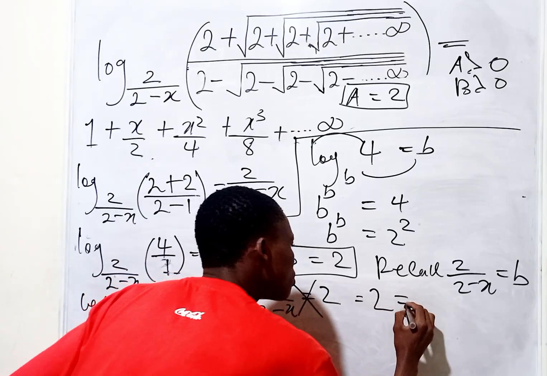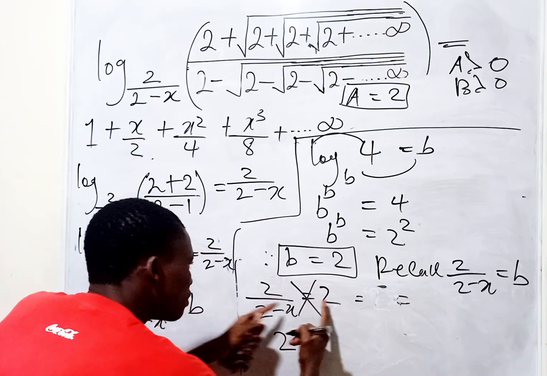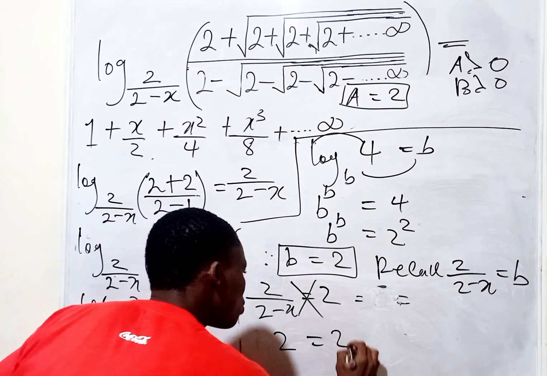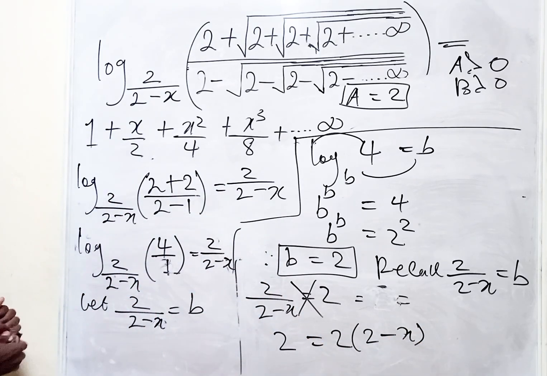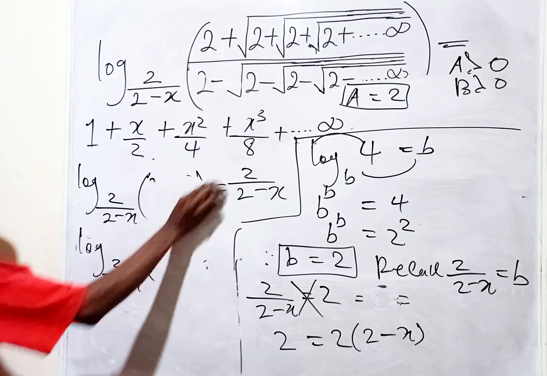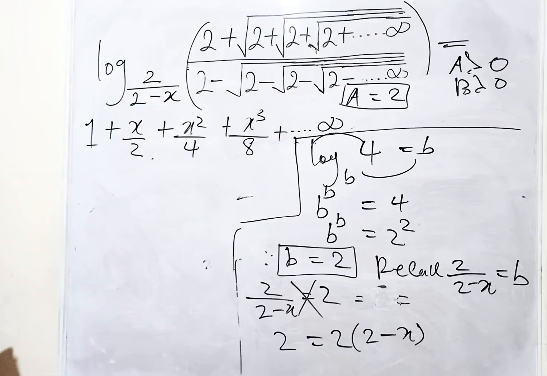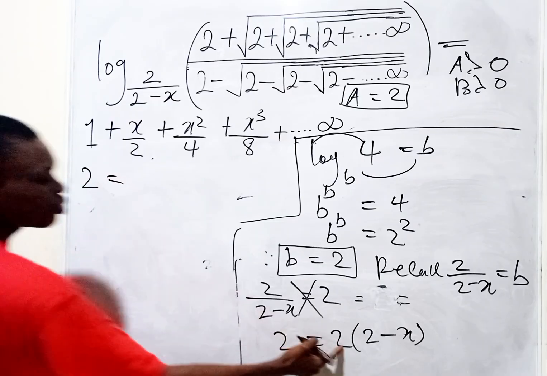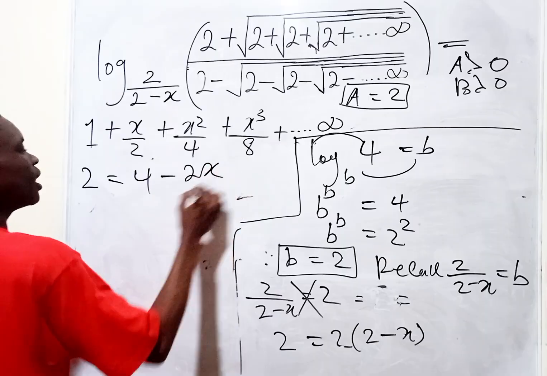So when we cross multiply from here, we find out that 2 equals 2 into bracket 2 minus x. So to finish this up, clearly we can see that this is just 2 equals 2 times 2 gives us 4, 2 times minus x is minus 2x.